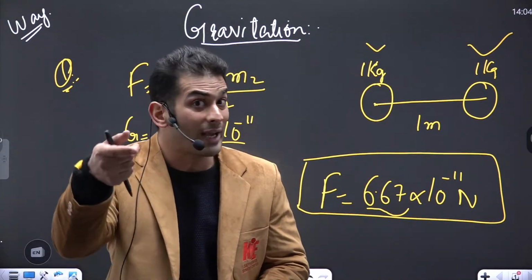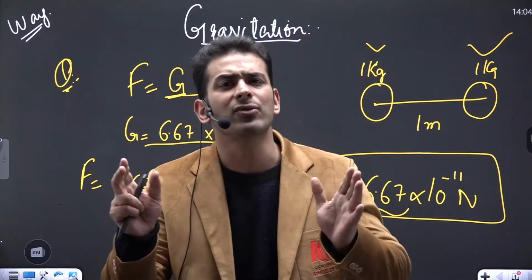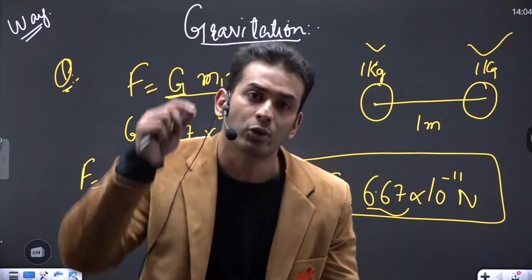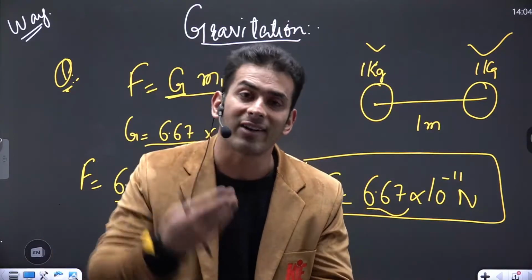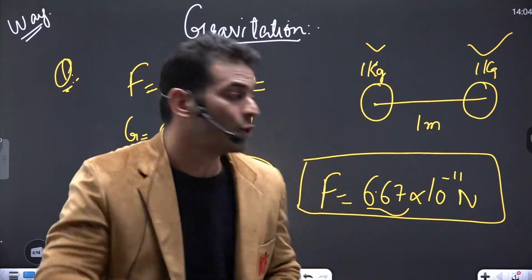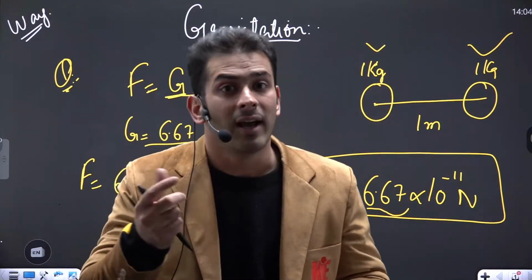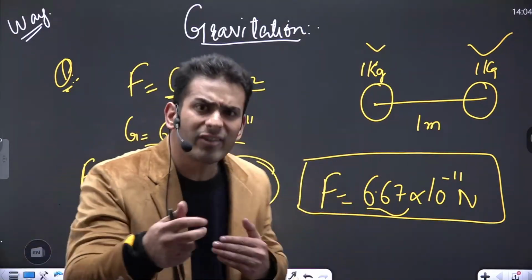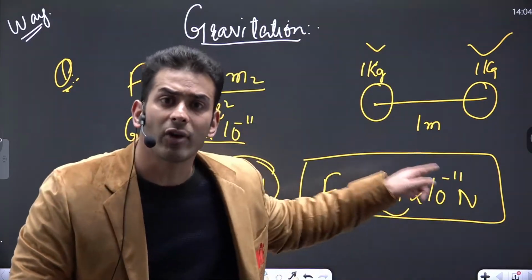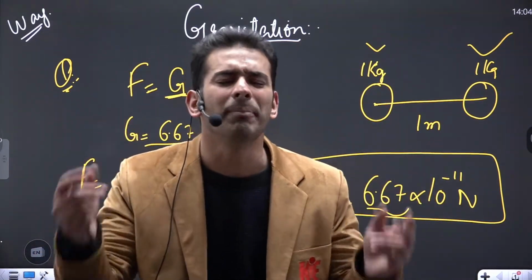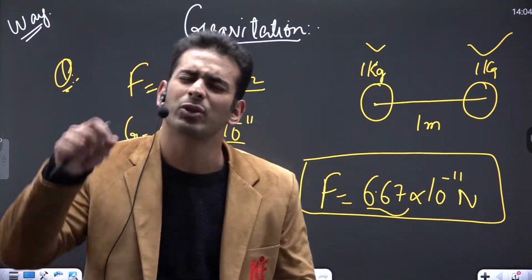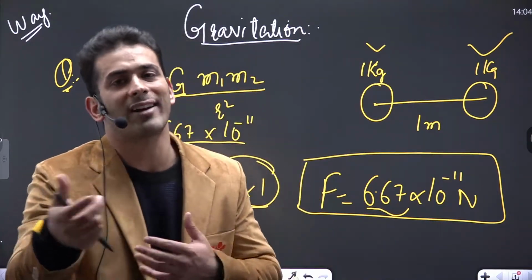I'm attracting you and you are attracting me. But this force is so small, beta, that we're not able to attract each other. Definitely this force is attractive in nature, but its magnitude is so small that we are not able to attract each other.